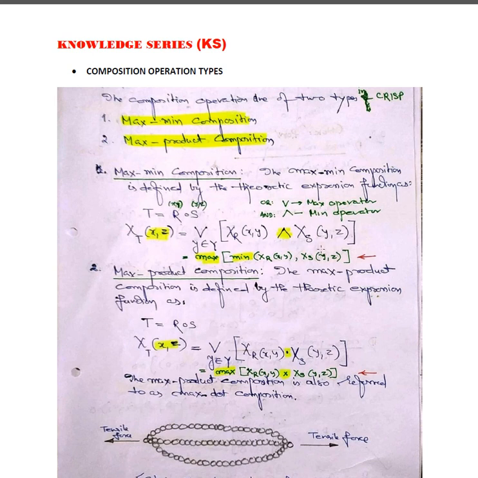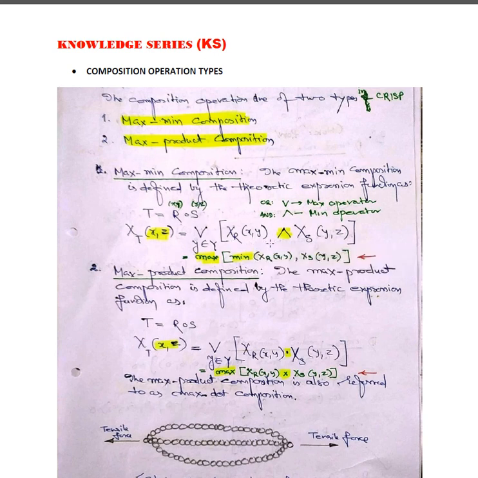So when we represent this X comma Z, chi of R of X comma Y is nothing but the common relations, and chi of S of Y comma Z is the common relation between Y and Z. So among these two relations we take the minimum value. That is what we termed as the minimum value. Now once we find the minimum value, we take the maximum value from them. That is known as a maximum minimum composition.